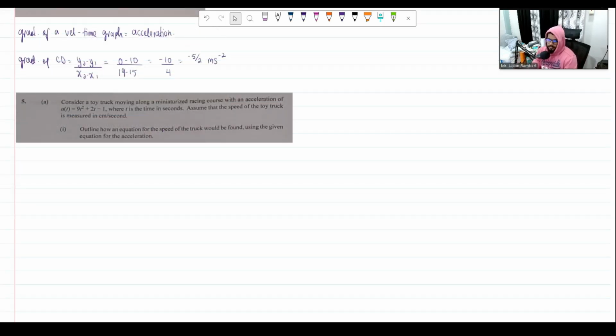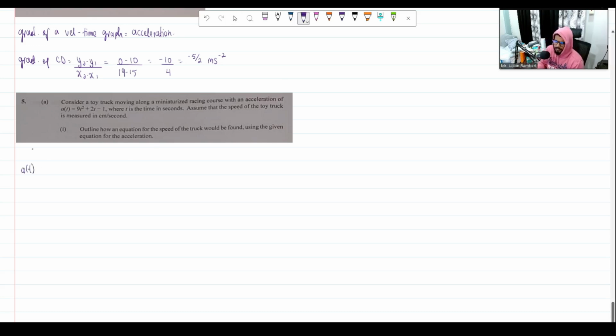All right, number 5. Consider a toy truck moving along a miniaturized racing course with an acceleration given in terms of t.